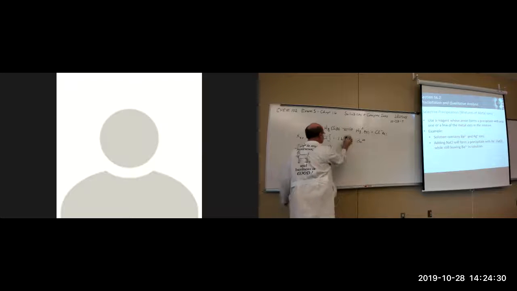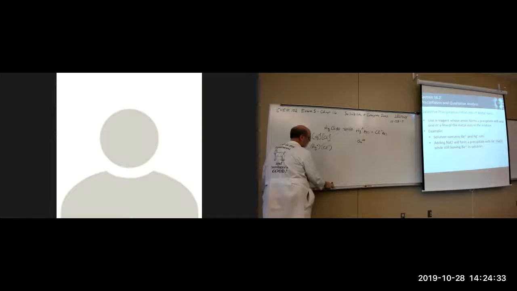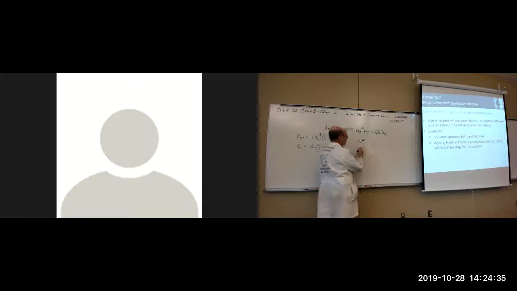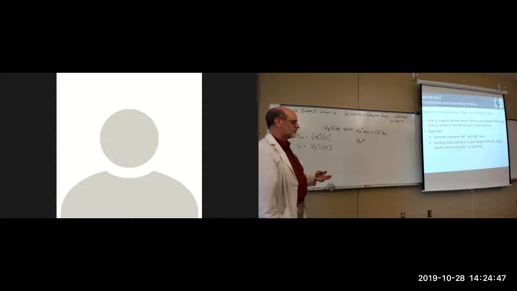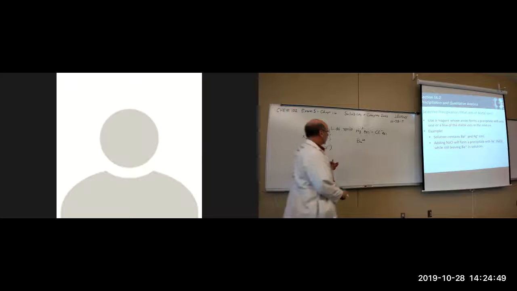Let's get this out of the way. There. So you have silver and barium. Okay. If we add sodium chloride, what will we get?